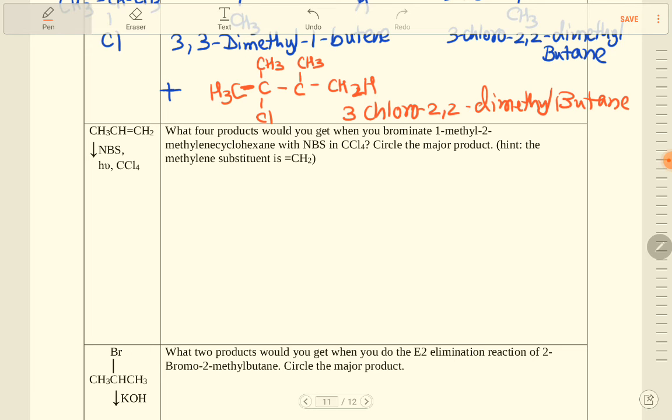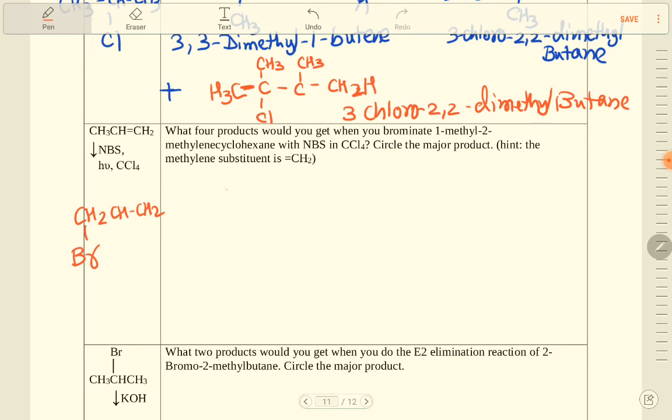What four products would you get when you brominate 1-methyl 2-methylene cyclohexane with NBS in CCl4? Circle the major product. Okay, so let's say we get CH2, CH, CH2, and Br.